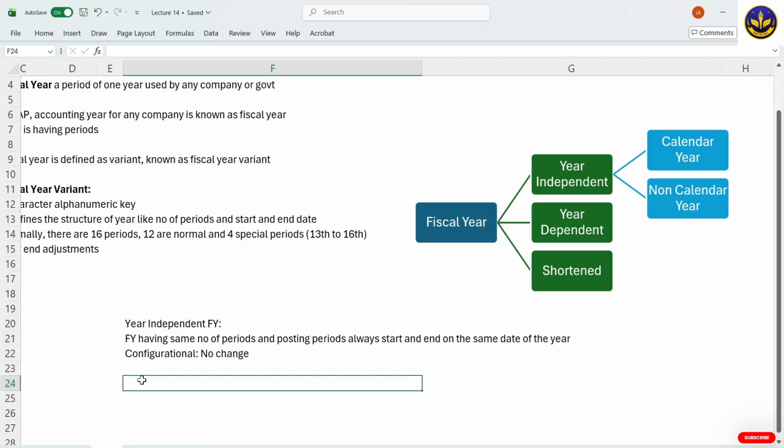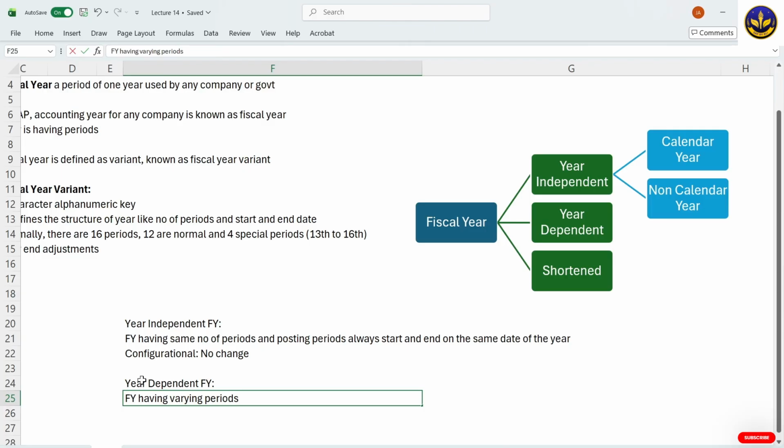Now next comes the year dependent. Let me write it, year dependent fiscal year. So what is this? It is a fiscal year having varying periods and start and end dates.